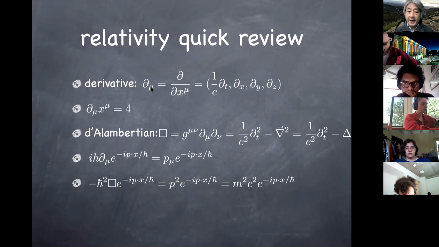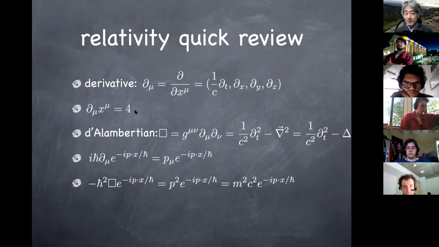And the quick check I mentioned to you, why regarding this to be a lower index makes sense, is that if you compute this combination and contract these indices, ∂μ x^μ, then the derivative acting on x0, that's ct, is 1. ∂x acting on x is also 1, and so on. So you sum them up, that gives you 4. That's the space-time dimension, which certainly has a Lorentz invariant meaning.